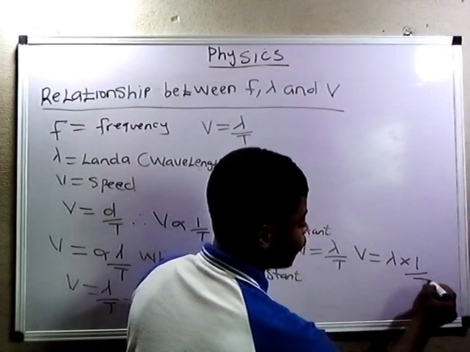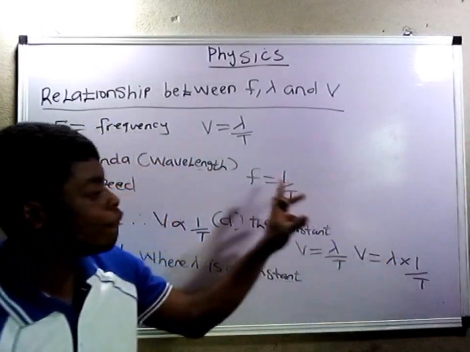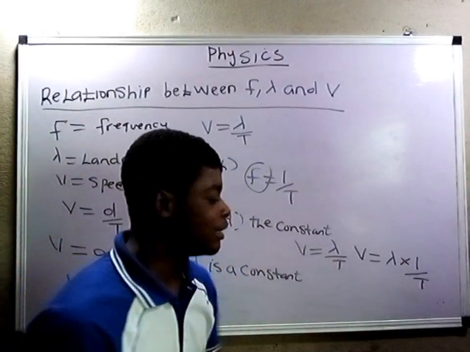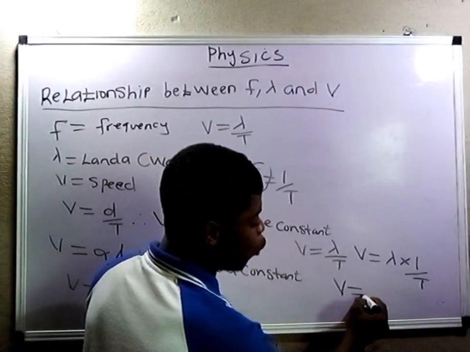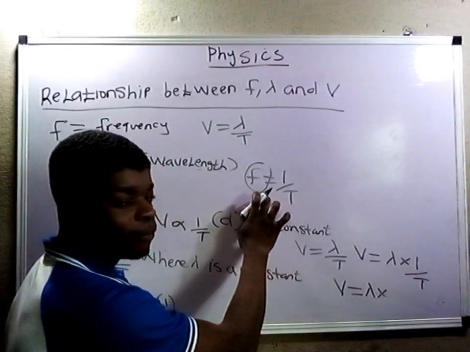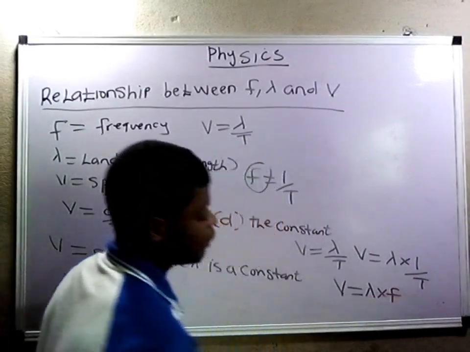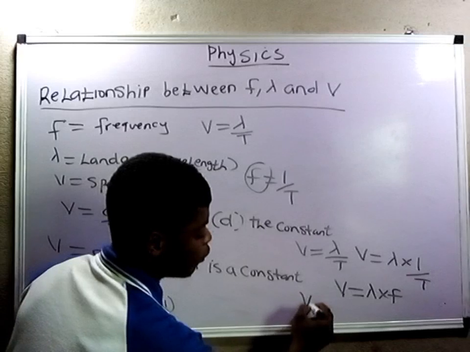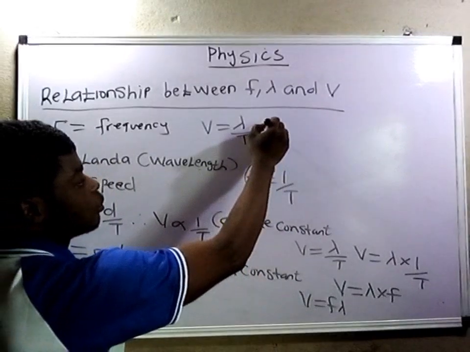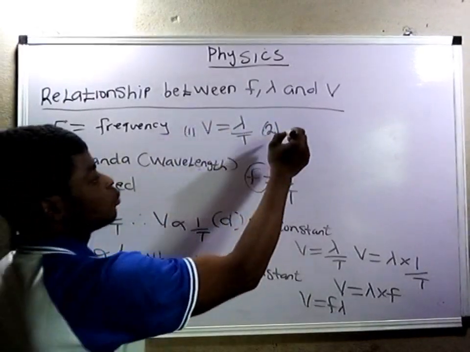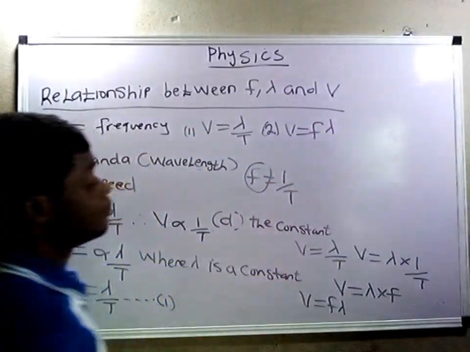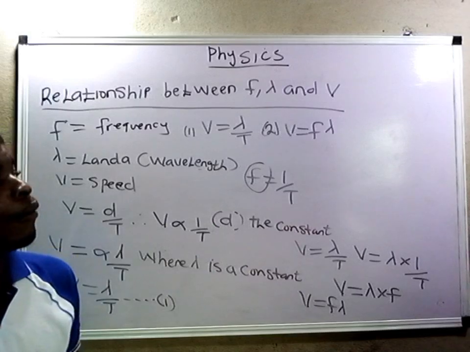Having known this, 1 over t is your frequency. So we can input this frequency into this formula: V is equal to lambda times 1 over t, which is your frequency. That means V is equal to frequency times lambda. That's how the second formula was gotten: V is equal to frequency times lambda, they are the same thing.